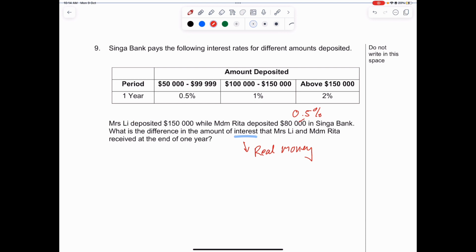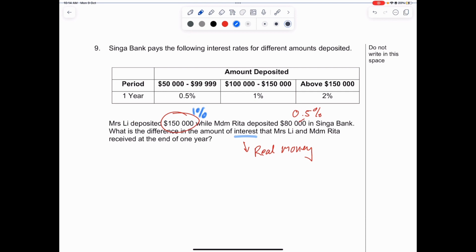And then Mrs. Lee, she actually deposited 150,000. So 150,000 actually goes under here. It is not above. So her percentage earned is 1%. So now that you have made such annotations, class, do you see what I'm doing? I'm actually annotating as I work my way. Because when I annotate like that, it is a lot clearer and then I'll calculate their interest.